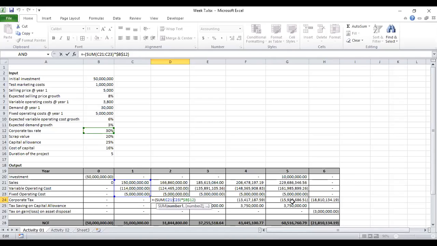And here the question had said that when it comes to the payment of this tax, you are paying the tax 1 year in arrears. So therefore, Ravindu has very correctly taken that the tax relating to year 1 must be taken to year 2. Consequently, the tax relating to year 5 has shifted to year 6.